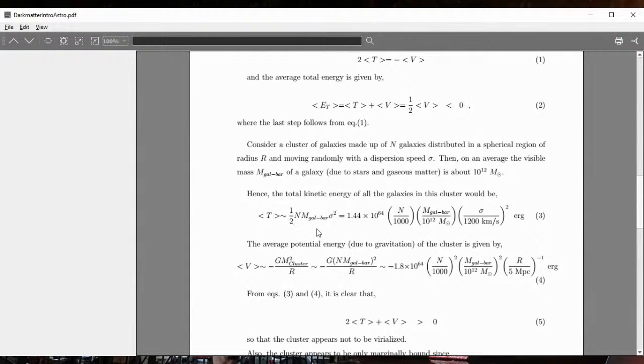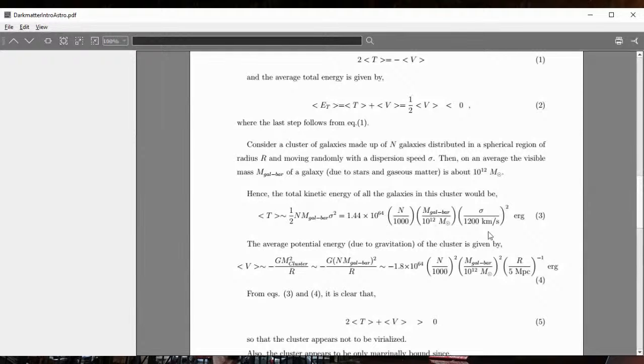So this will be the associated kinetic energy of the galaxy cluster. And if you put in the numbers, that is, if you take sigma to be 1200 kilometers per second, baryonic mass of the galaxy to be 10 to the power 12 solar mass, and the number of galaxies in a cluster to be 1000, you find that average kinetic energy is about 1.44 into 10 raised to the power 64 erg.